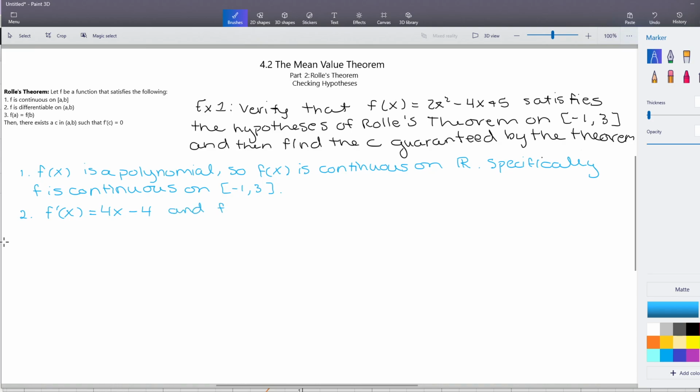And f prime of x, we'll say so, right? By looking at it, we can determine that it is a polynomial. Okay, what that means for us is that f prime of x exists everywhere. Right, it's defined for all x.